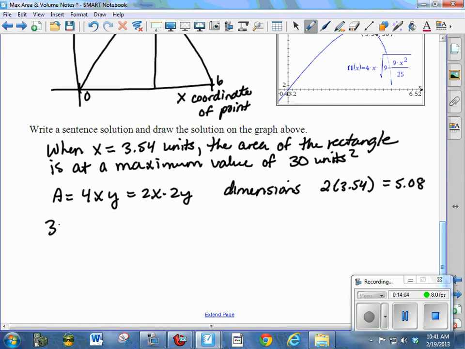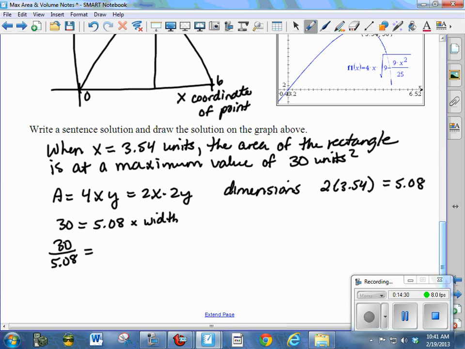And then for the other, if we have 30, is equal to 4 times 3.54 times y. Or actually, it'd probably make more sense to just say 30 is equal to 5.08 times the width, so height times width. So 30 divided by 5.08 would give me the other dimension.